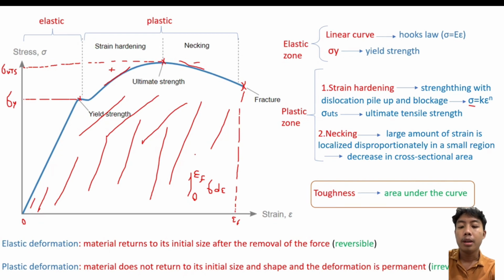If the area under the curve is higher, then the toughness of the material is higher too, and if the area under the curve is smaller, the toughness of the material is lower.